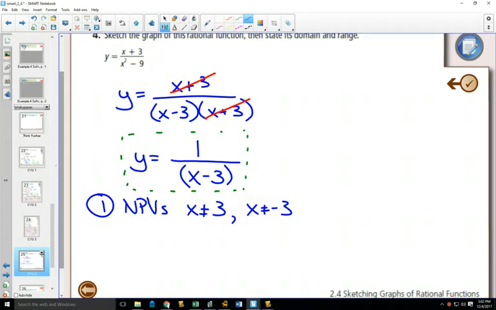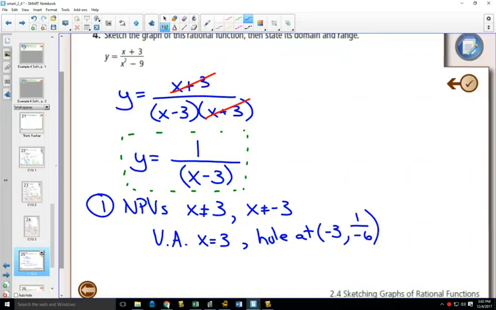What we're going to do now is graph that equation and add a hole to it. So in that equation, we still have a vertical asymptote at x equals 3, because that non-permissible value didn't simplify. But we're going to have a hole at negative 3, 1 over negative 6. Again, take a look.